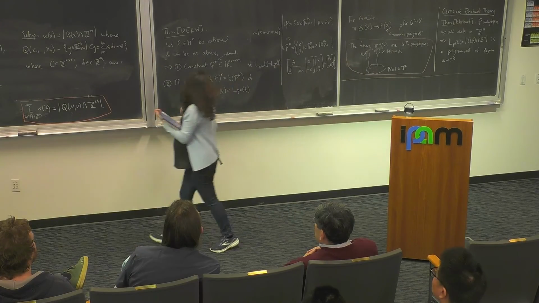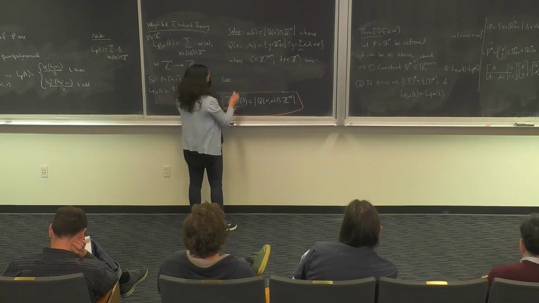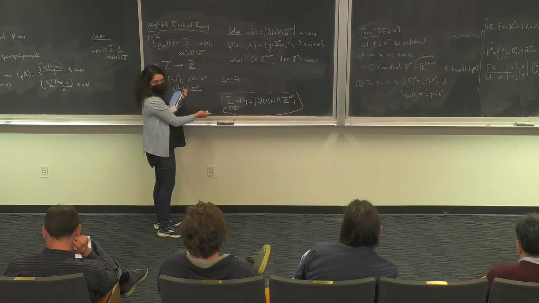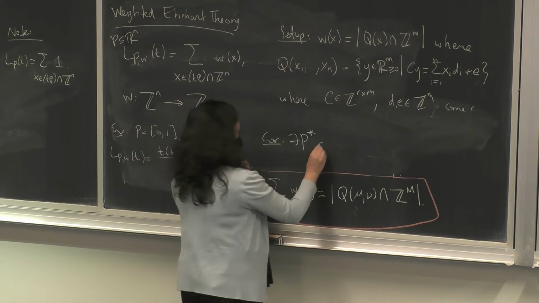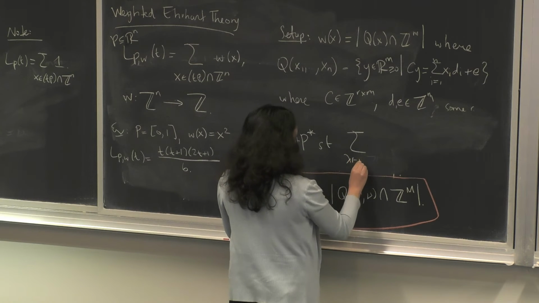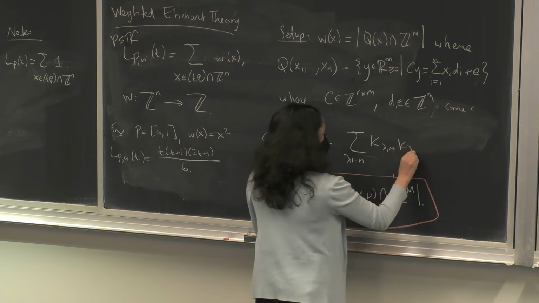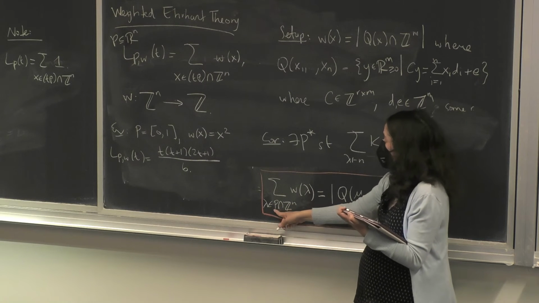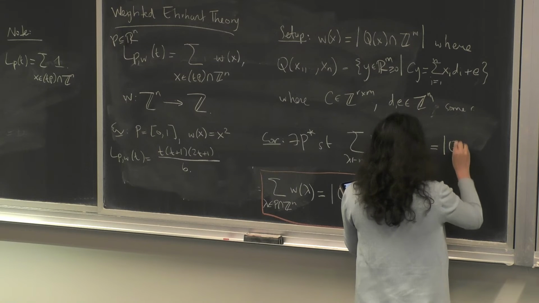So as a corollary to our result, we obtain that there exists... Remember, this came from RSK, and this was the product of two Kostka numbers. So we can find some other lattice polytope such that this sum, which is a weighted sum in this polytope P, that was just a simplex, is equal to the lattice points.